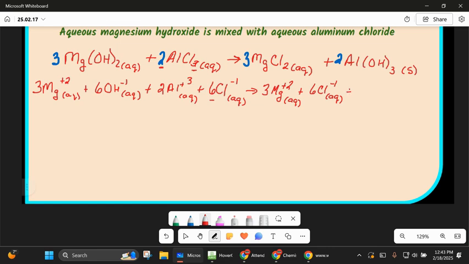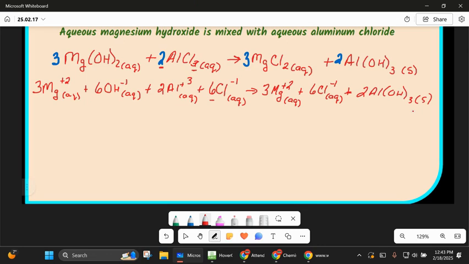But now, ladies and gentlemen, because this is a solid, this stays together. This stays together as aluminum hydroxide, solid.